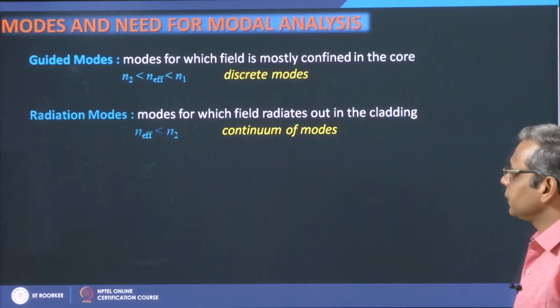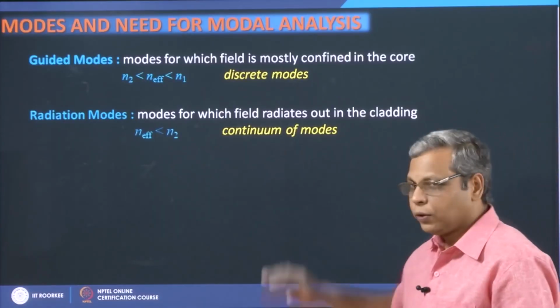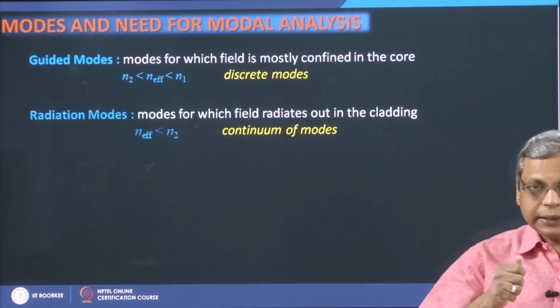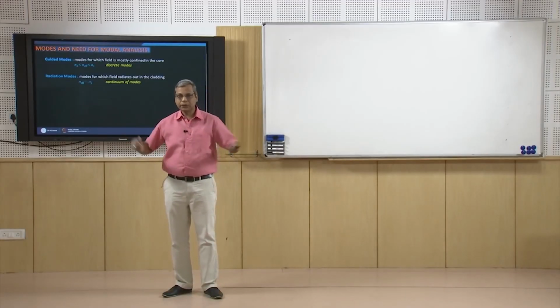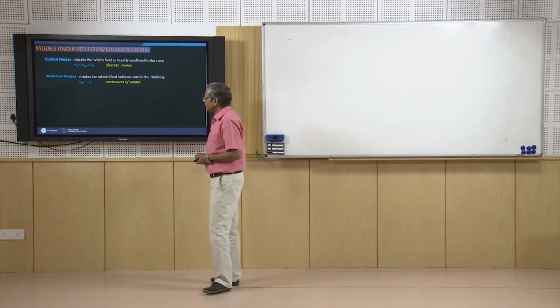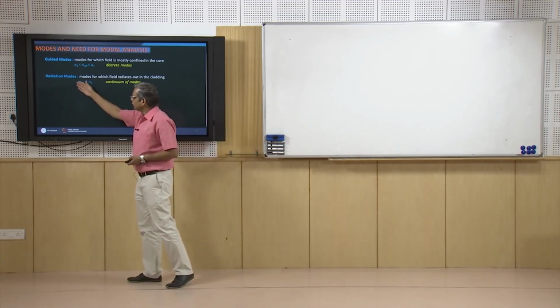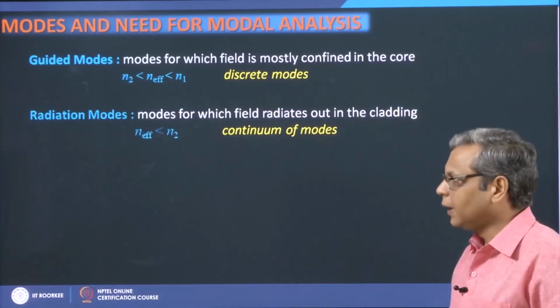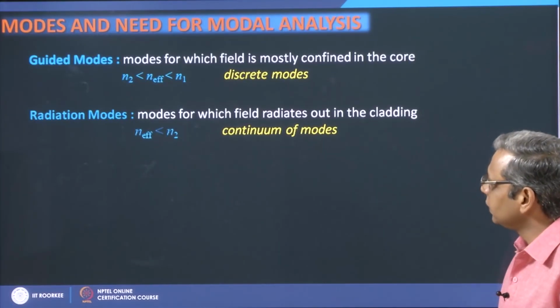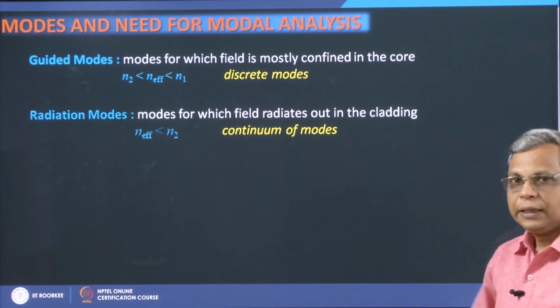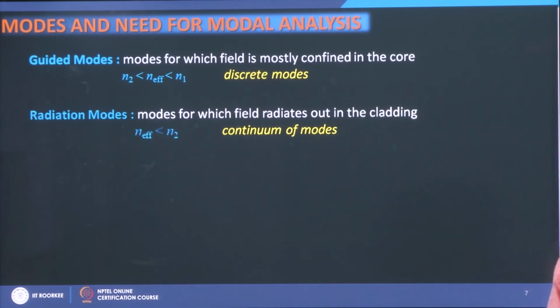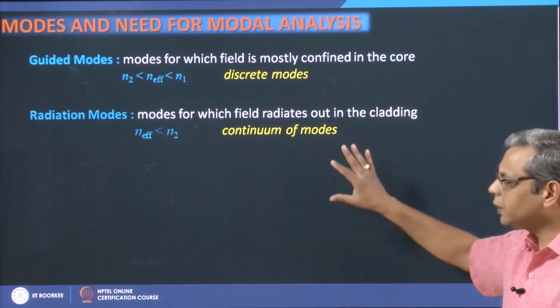Apart from these there are certain modes which carry energy in the cladding up to infinity. So, energy radiates out. These modes are called radiation modes, and for these modes the effective index, n effective, is less than n2, and they form a continuum.